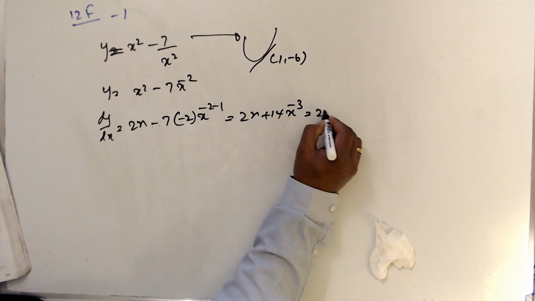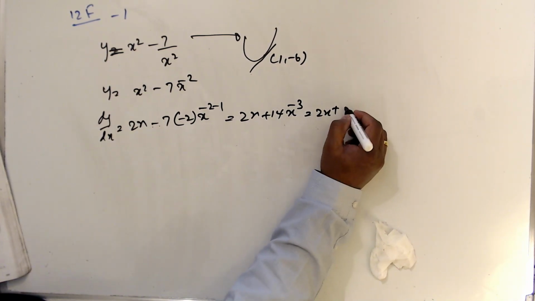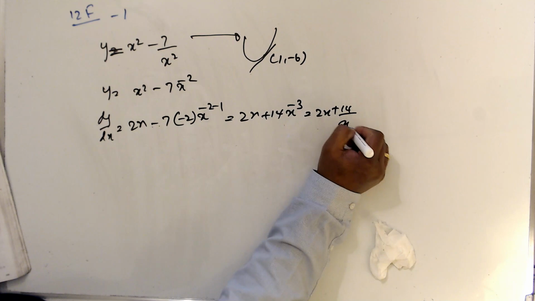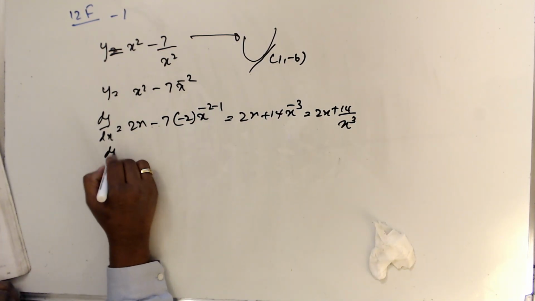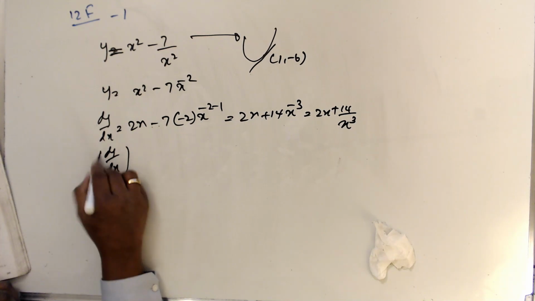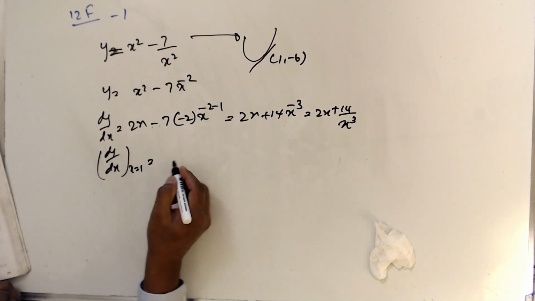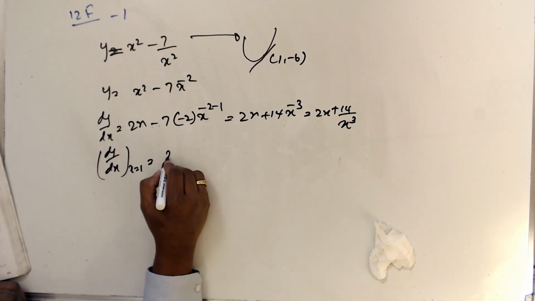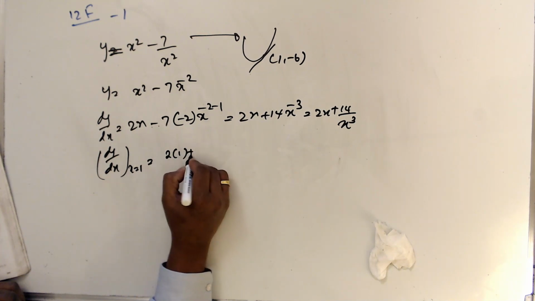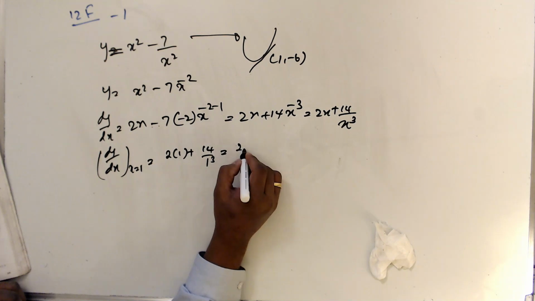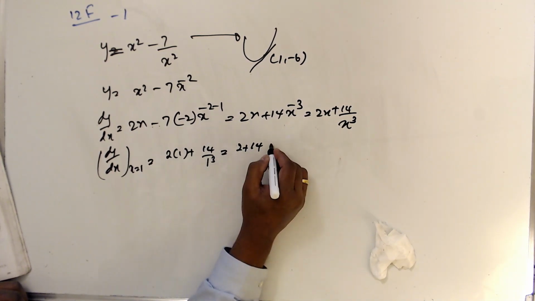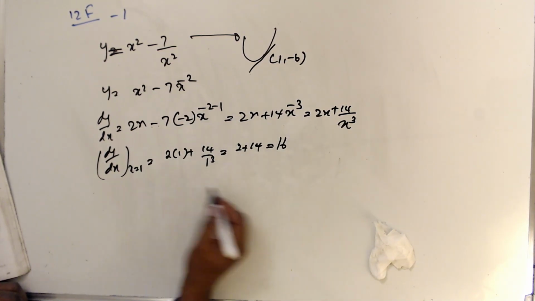It means 2x plus 14 over x cubed. So dy over dx, when x equal 1, is 2 times 1 plus 14 over 1 cubed, which is 2 plus 14, 16.